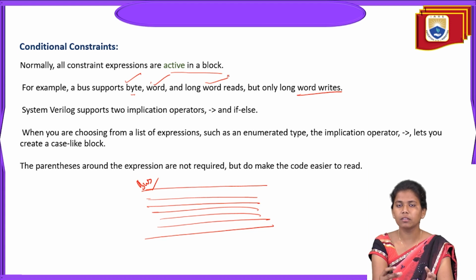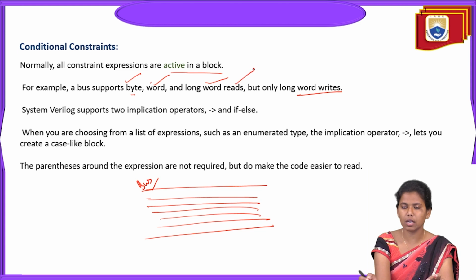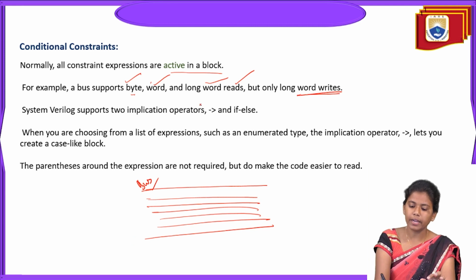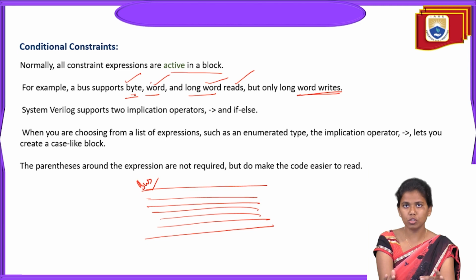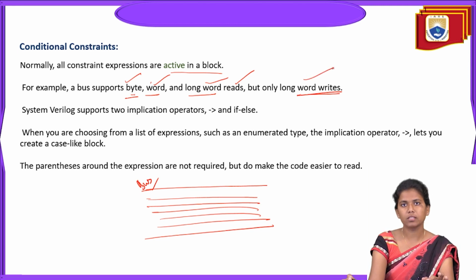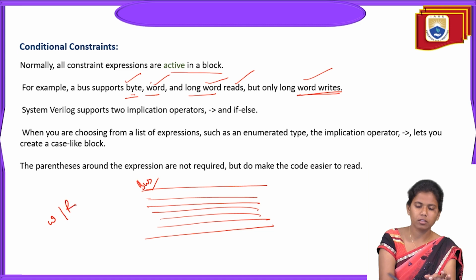So this bus just reads out, but only long word writes. So it reads long word and byte, but it can also write long word. So read or write, isn't it?